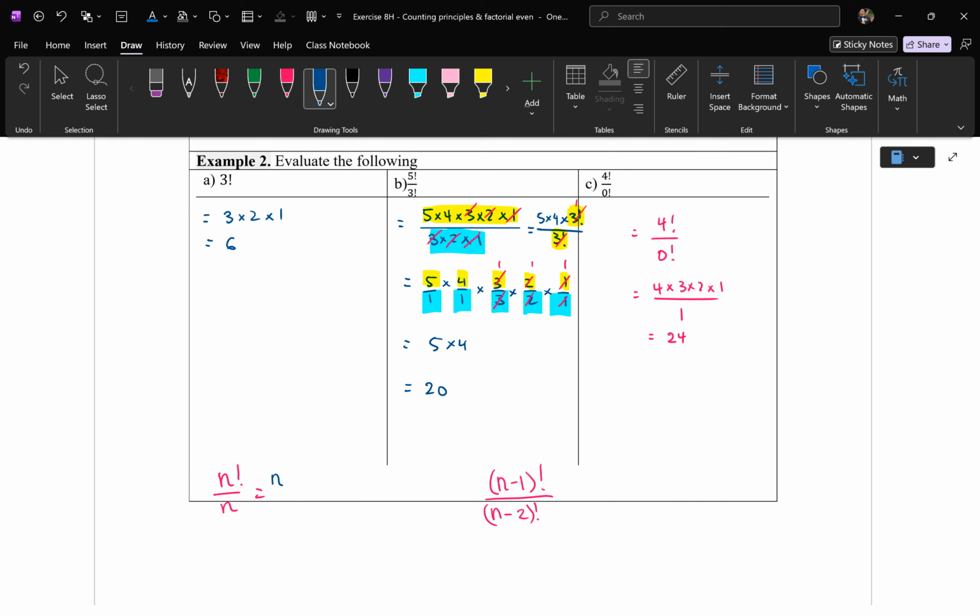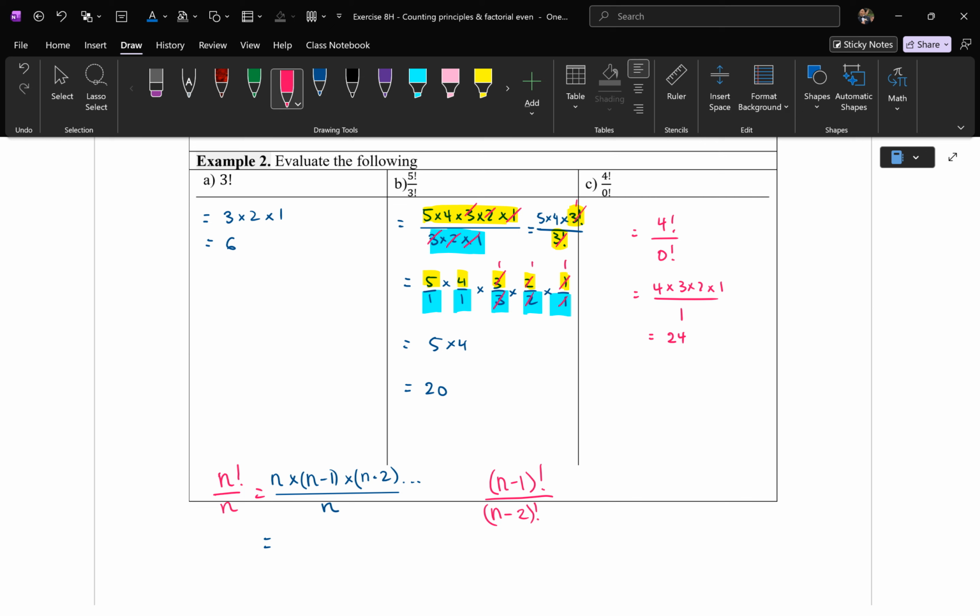So n factorial means n times the number before it. So the number below it is n minus 1. Then after n minus 1, you can go to the number below that one, so n minus 1 minus 1 again, which ends up being n minus 2, and so forth, right? And on the bottom there, it's divided by n.